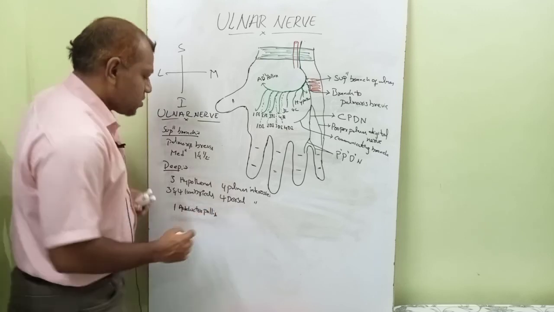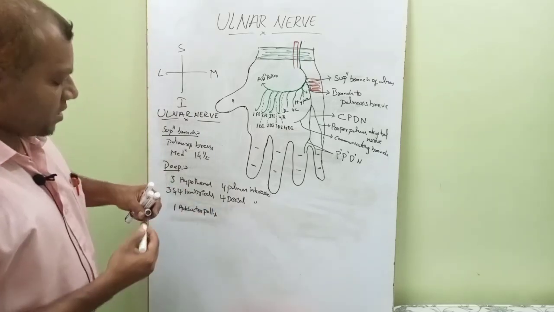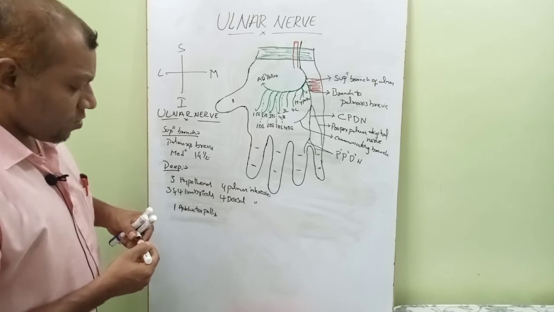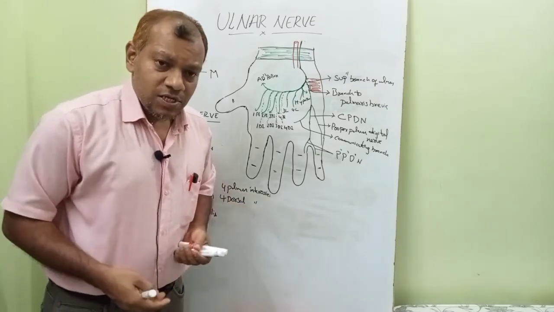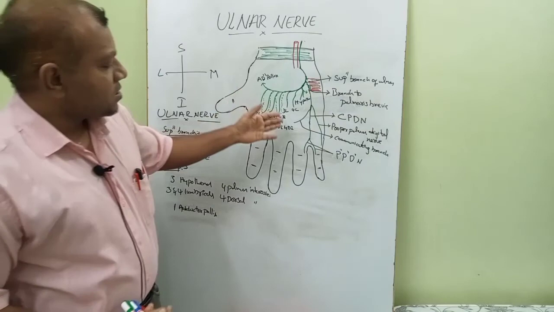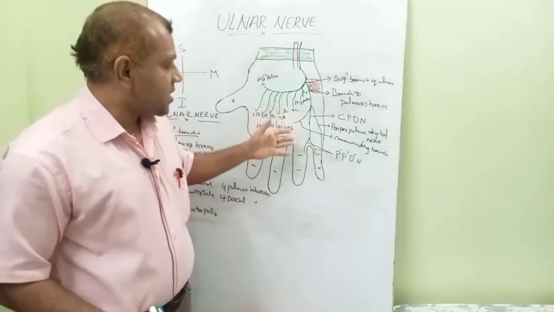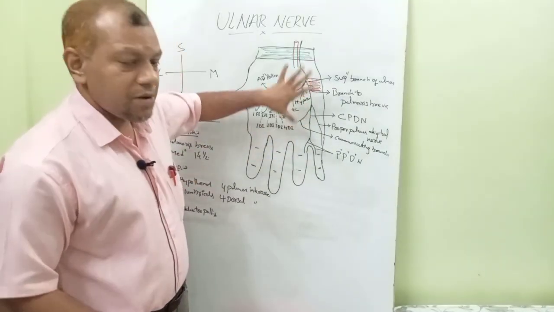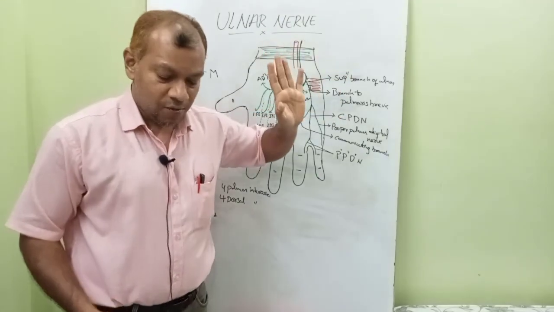These are the muscles supplied by the deep branch of the ulnar nerve. And the articular branches supply the carpometacarpal joints, metacarpophalangeal joints, and interphalangeal joints. These are all the joints supplied by the deep branch of the ulnar nerve, my dear friends.